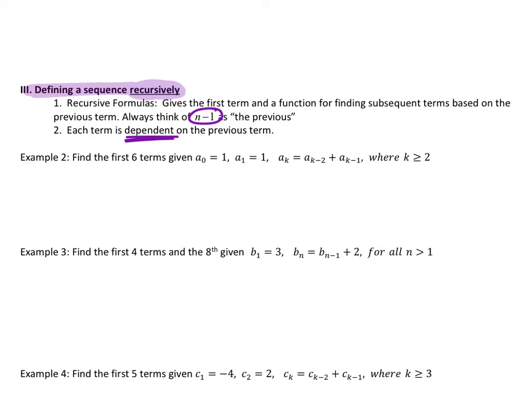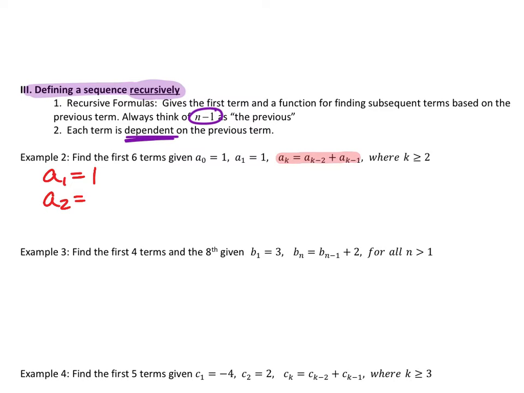So if we look at example 2, it says give the first 6 terms, given a sub 0 is 1, a sub 1 is 1. So I'm just going to start with the first term. A sub 1 is 1. They gave me that in the given. If I want to find a sub 2, I then have to switch to use this formula.